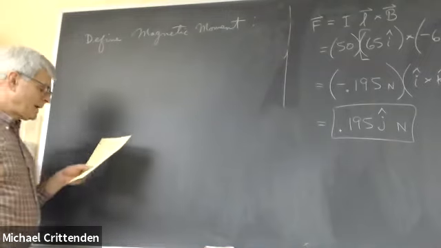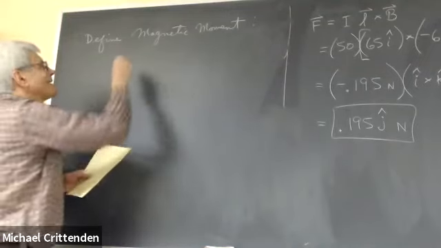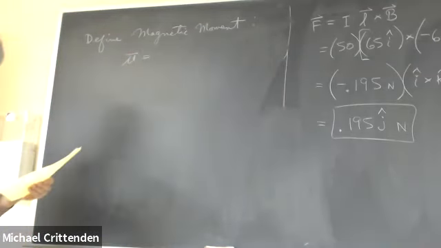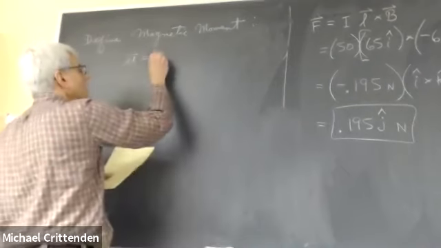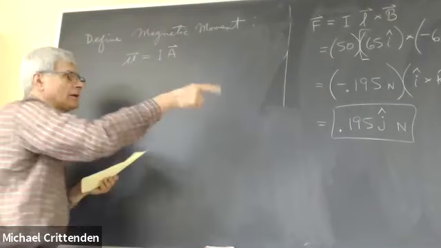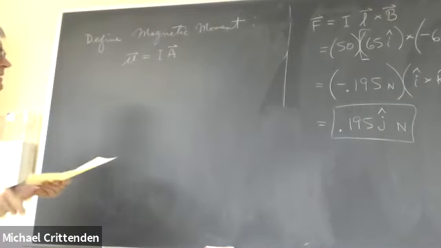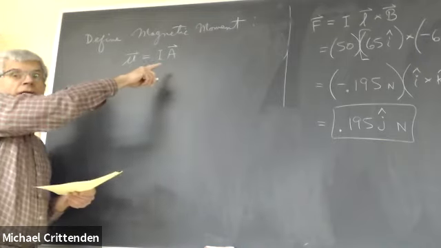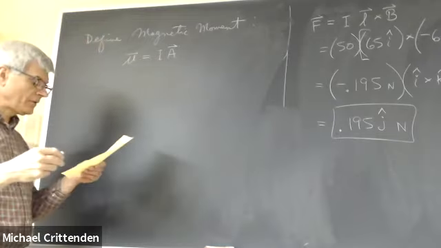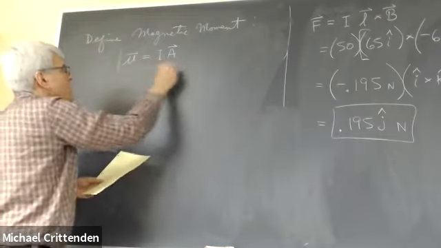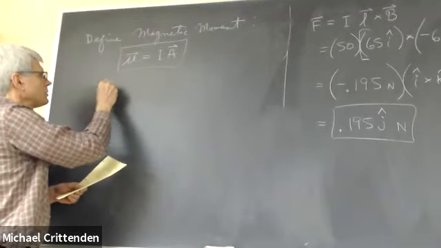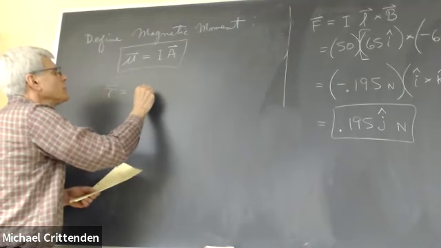So let's define the magnetic moment, which in most textbooks is represented by the Greek letter mu. Current times that area vector. So like it says in the pre-printed notes, the magnetic moment and the area vector would have the same direction because I is just a scalar, and so it doesn't affect the direction any. Substituting that in what I wrote a moment ago, the torque is mu cross B.